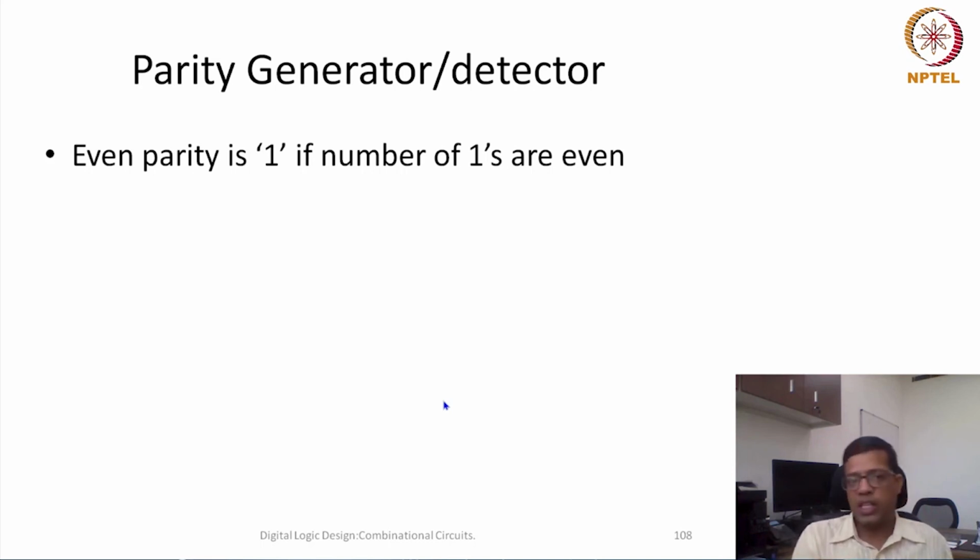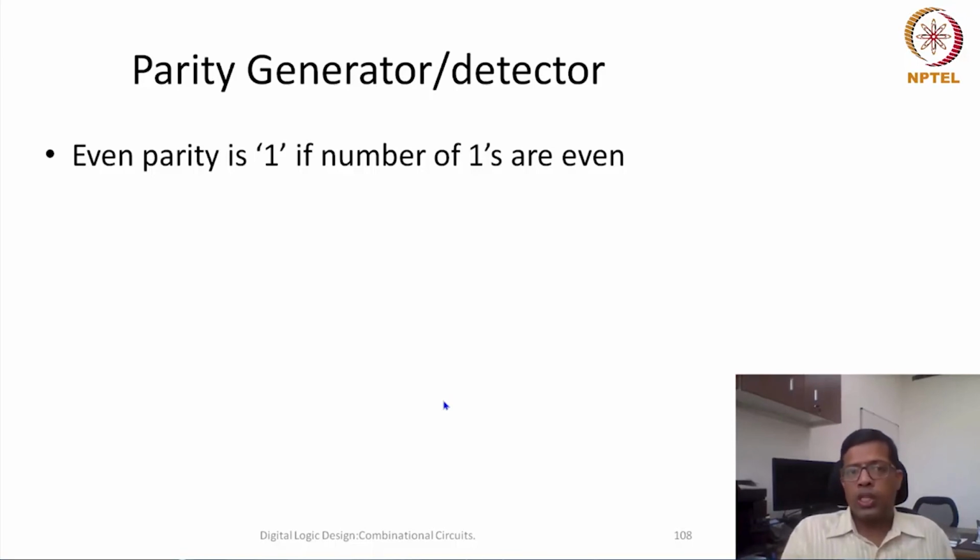So parity is one of the techniques which can be used to detect if there is a flip of one particular bit. More sophisticated error correction and error detection codes are there which can also correct if some of the bits are wrong, and they can also find out if more than one bit have flipped or are wrong.